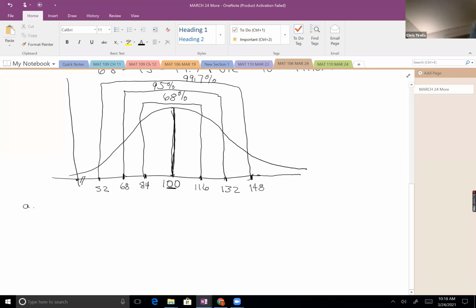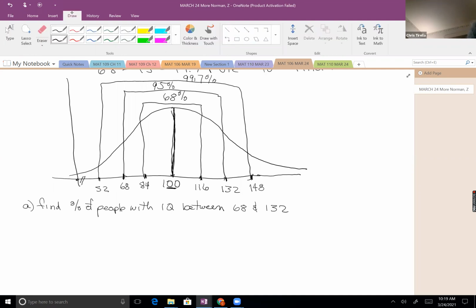First, let's find the percent of people with an IQ between 68 and 132. This one I'm going to color code the first time. 68 and 132. 68 is here. 132 is here.